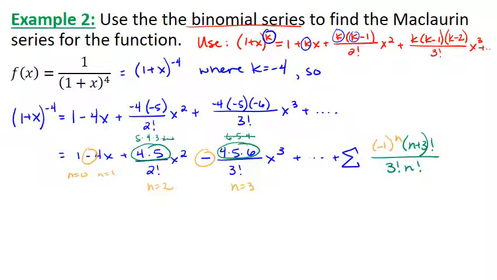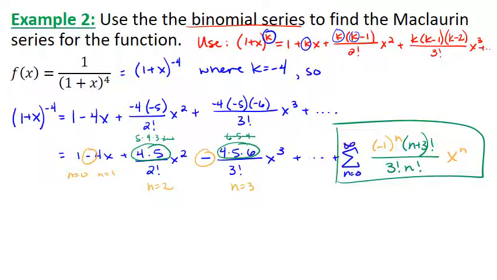And again, we're going to multiply this by x to the nth power, and then we have n equals 0 to infinity. And again, this will take a little bit of playing to figure out where this comes from. So just play with it, watch some more examples, and it will become easier to understand.